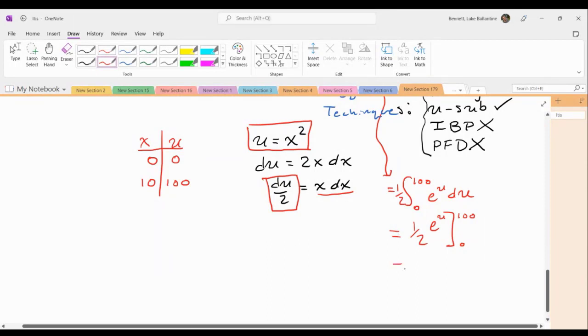Okay, so then this is 1/2 e to the 100, we can put it in parentheses, minus e to the 0, which is 1/2 (e to the 100 minus 1).